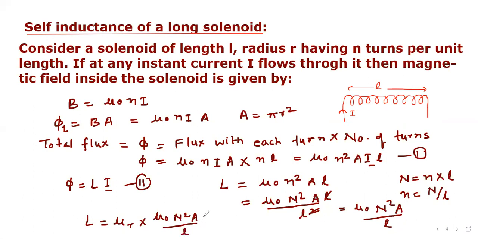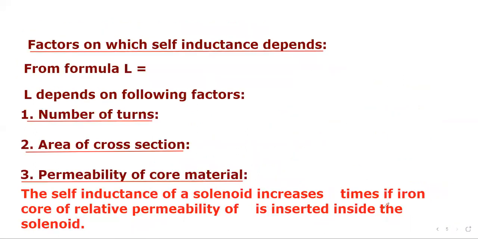So now let's see the dependence of L on various factors. So from this formula, L equal to mu r mu naught times N square A divided by L, clearly L depends on number of turns, square of it, means L is proportional to N square.